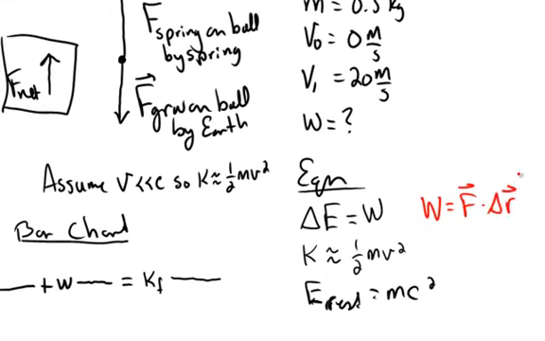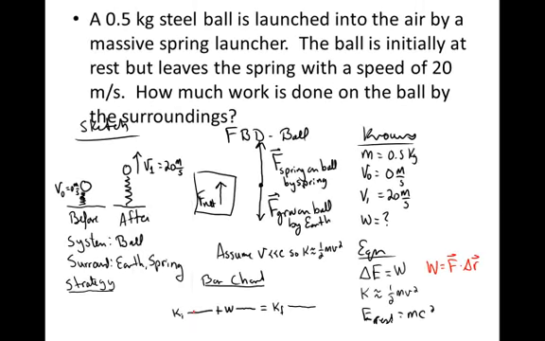The thing that's going to direct your problem the most are these energy bar charts. So take a look and just draw out the energy bars. My initial kinetic energy is 0, so I'm just going to indicate that with a little horizontal line here. There's no kinetic energy. Now, the force is in the upward direction, as is the motion.